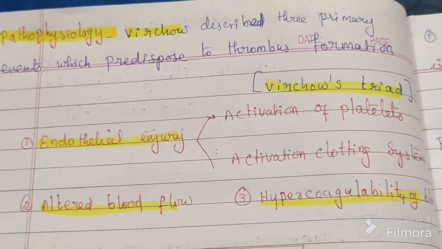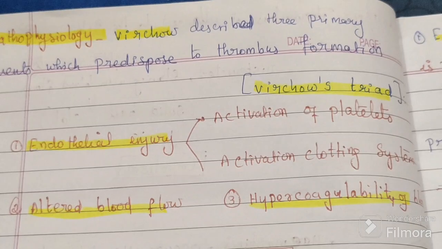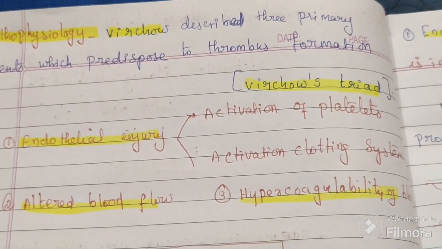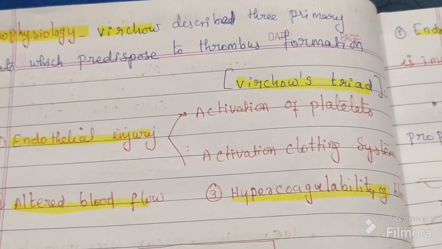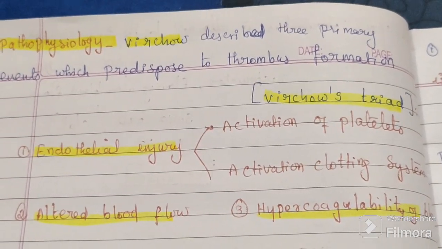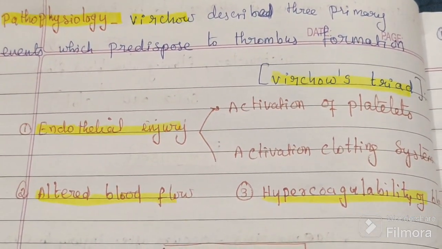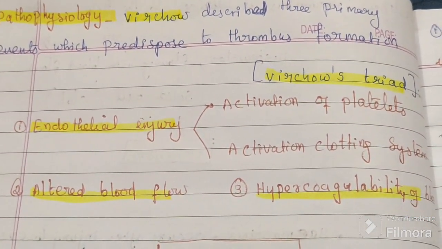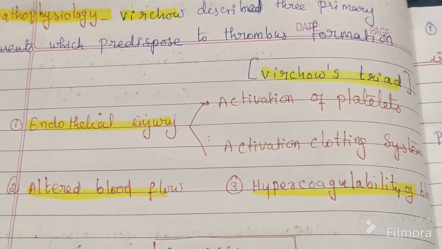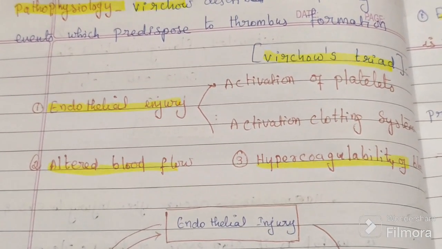In the pathophysiology, Virchow described three primary elements which predispose to thrombus formation in the human body without injury. So it has the name Virchow triad. This is an important short answer also: pathogenesis is the reason why the thrombus happens. The Virchow triad is because of three reasons.